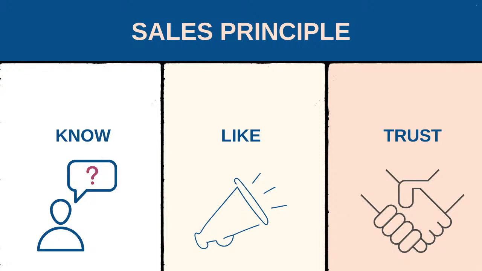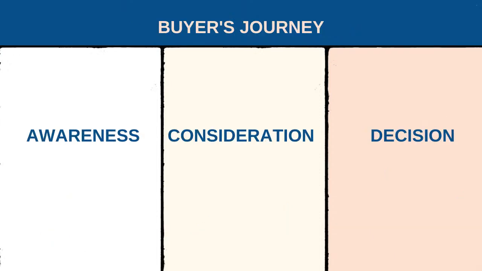And isn't it ironic that the same principles with respect to selling are also in alignment with the buyer's journey? Awareness, because if I'm not aware of you, I don't know you.